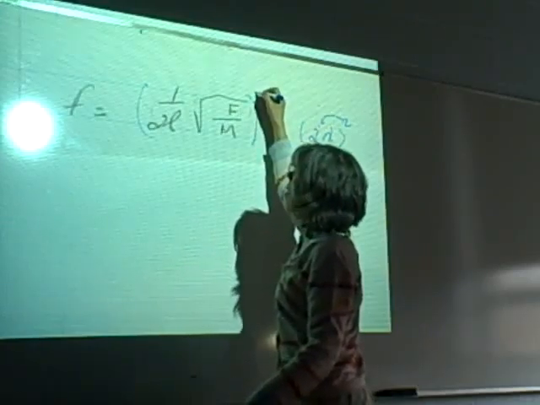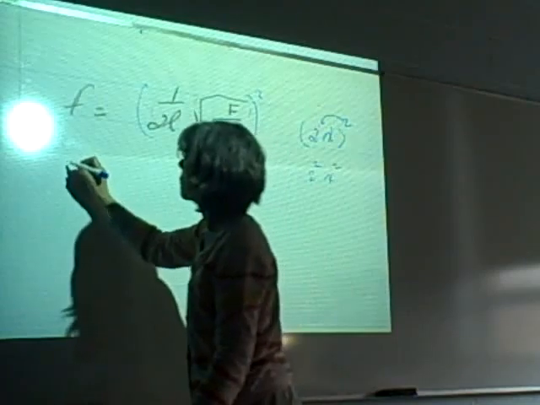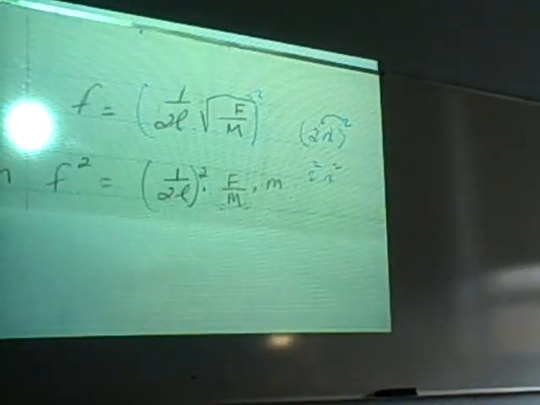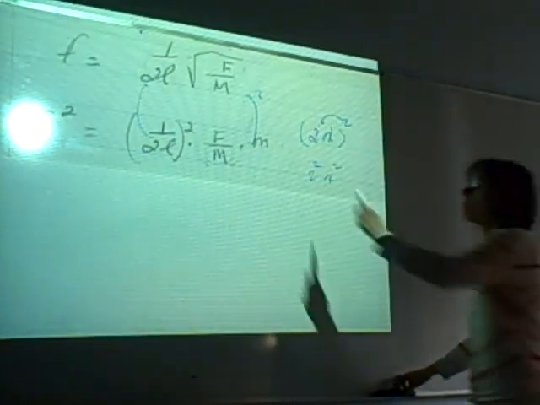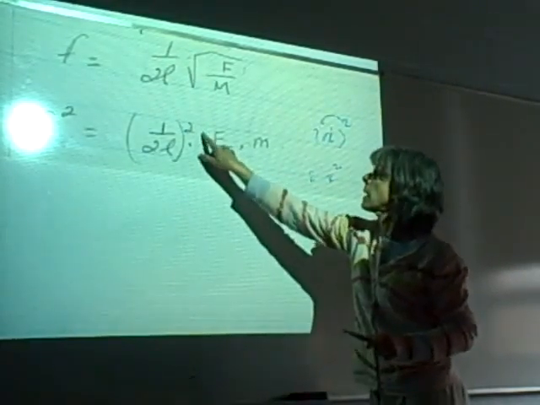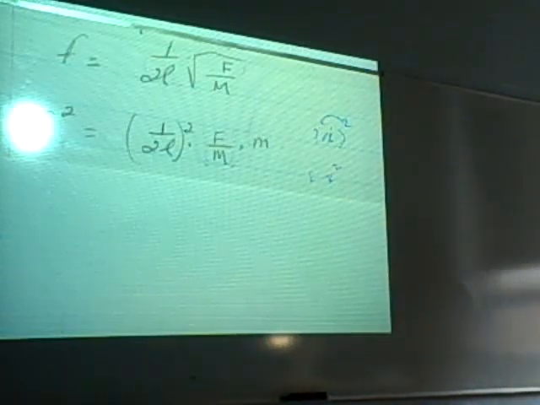So if I have to raise the whole thing, I am going to have f squared, I believe. So I have f squared, and I have to raise each part up, and that gets rid of my number under the radical. Everybody okay with that?